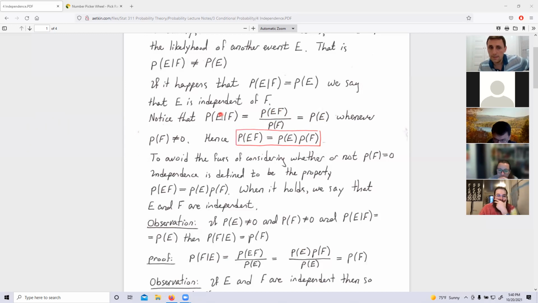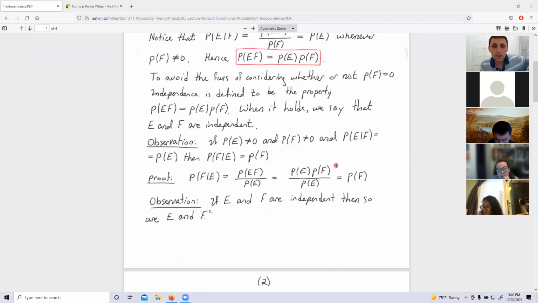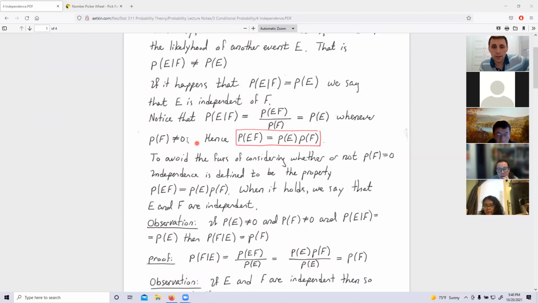Of course, we can assume the probability of F is not 0. The reason we assume that is because if the probability of F is 0, then such situations, well, you have to be careful when you consider them. In general, when probability is 0, they are not likely to occur. And in general, this statement works for all situations.